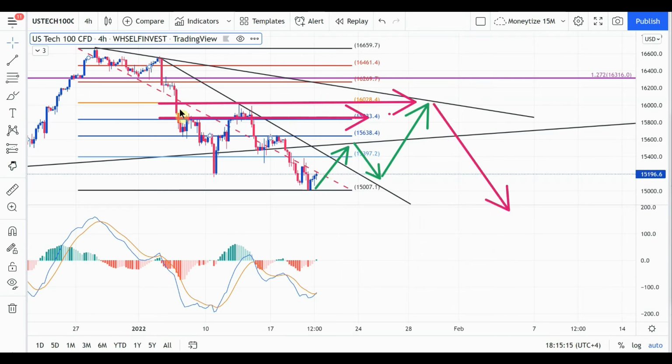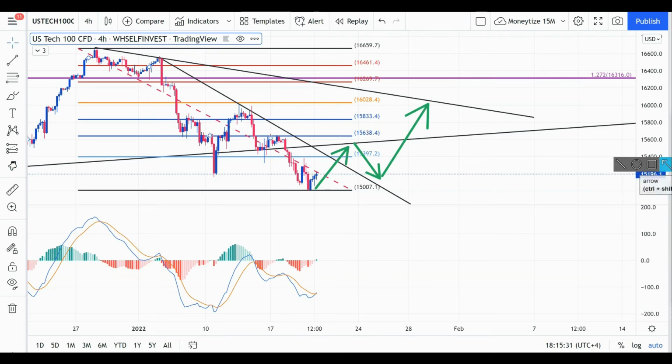So the price to look forward to is $15,833 to 16,000. This is the area which should bring back the bearish pressure, because the higher time frame is still bearish. So let's remove all the lines, clear up the chart.